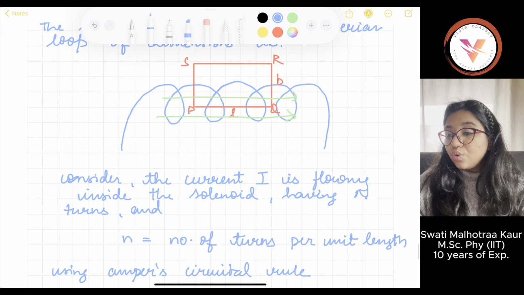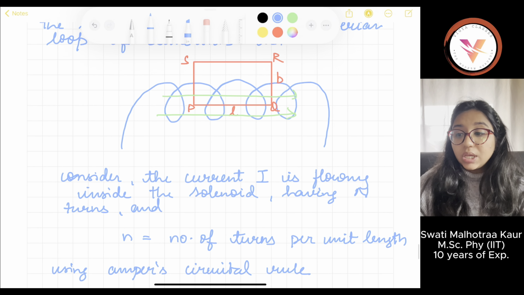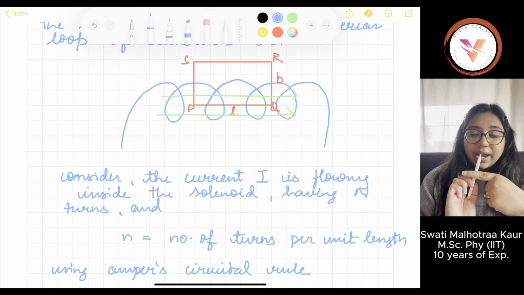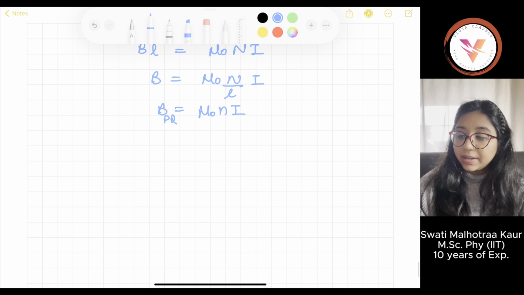Now, if you go for QR, then it would be 0 because the length QR is perpendicular to the magnetic field, and similarly with SP also it is at 90 degrees.